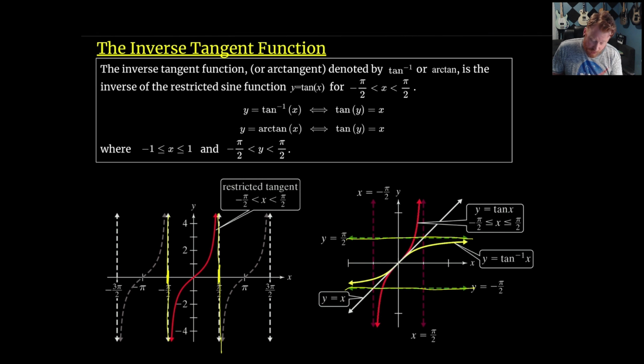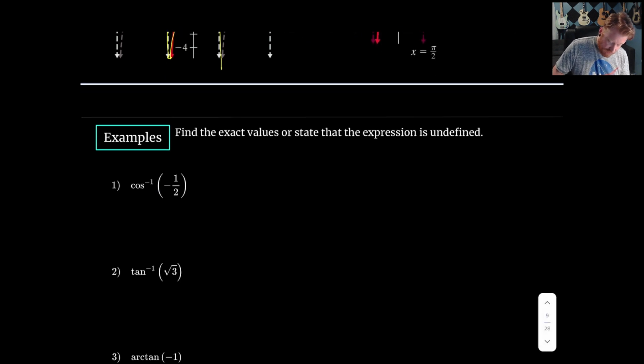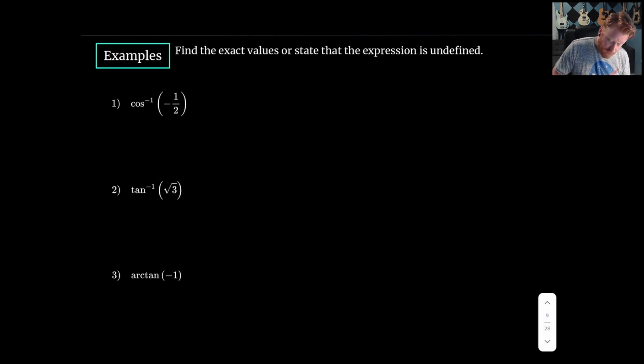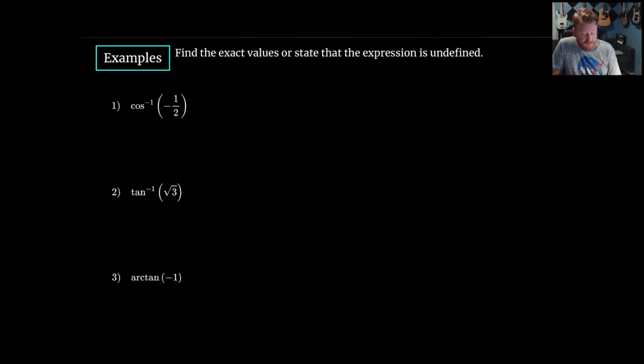We can see that our inverse function now extends infinitely in both directions here, getting asymptotically close to negative pi over 2 and pi over 2, just like these get asymptotically close to negative pi over 2 and pi over 2 as vertical asymptotes. So some nice relationships here. I enjoy these pictures.